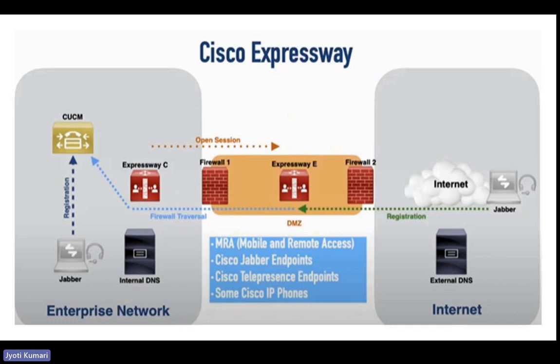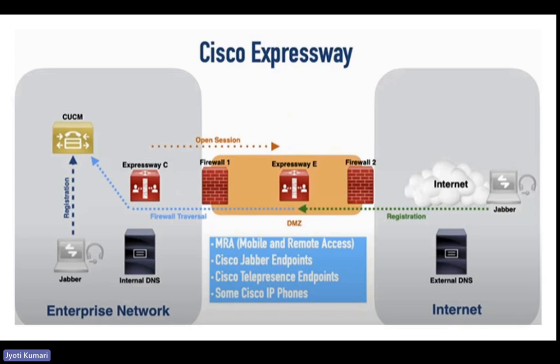We have endpoint registration on Expressway C. We can place calls to remote destinations, and that too with some policies, allowing only certain authorized users to be able to make calls and to even get registered on any devices based on the domain names, on IP addresses, and so on. Yeah, we will see that.